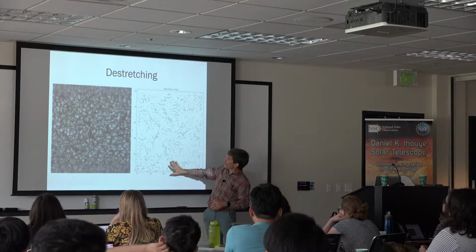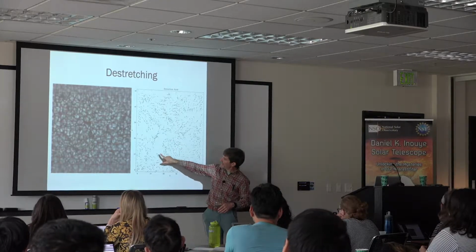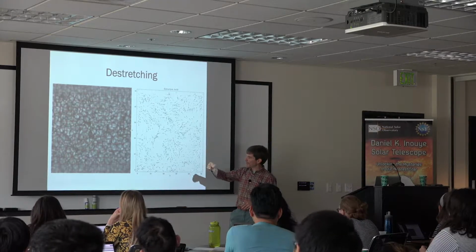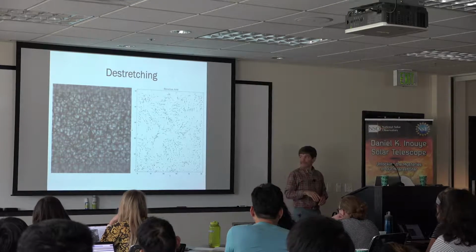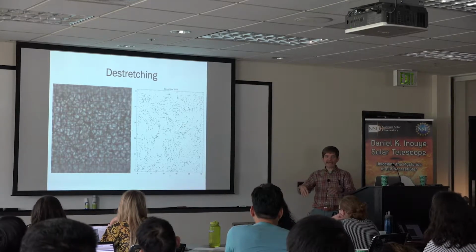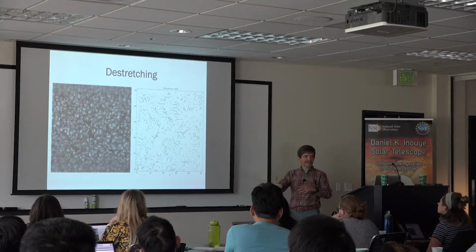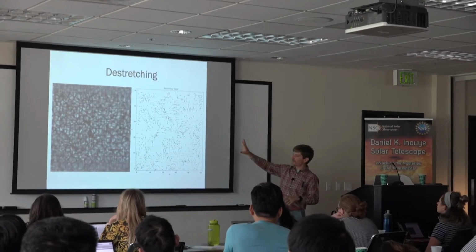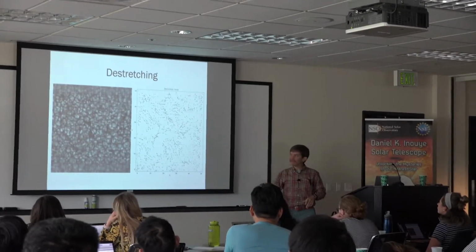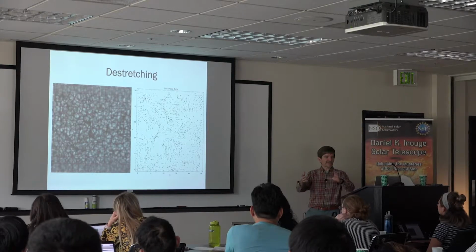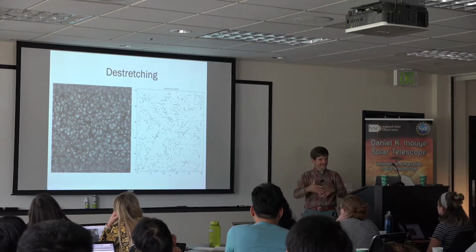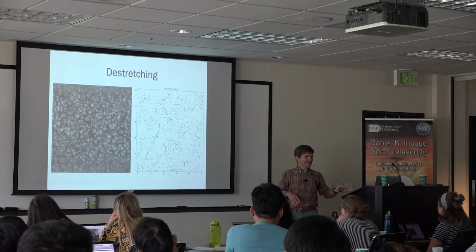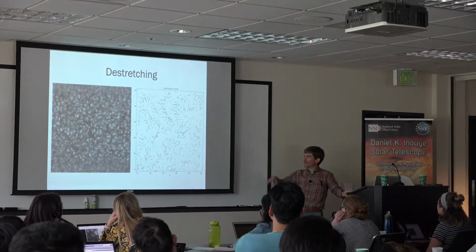But the output, the goal is to find the vector from each of these boxes showing the direction of the drift. And then once you have that, you apply that as a warping to the image. It's basically a 2D warping map that's applied to the image to remap it, sort of that rubber sheet, kind of like AO where they have the deformable mirror, but here we are able to rewarp the image.